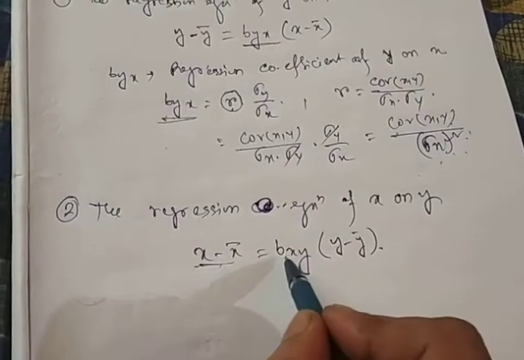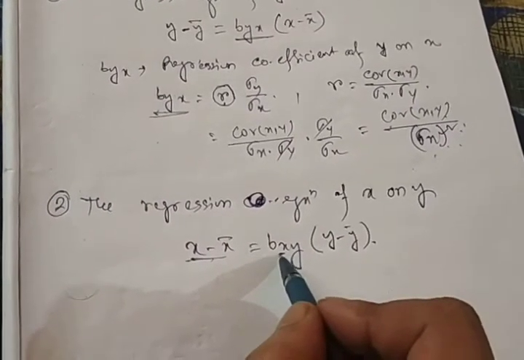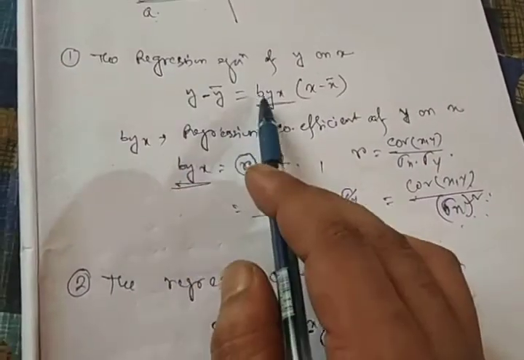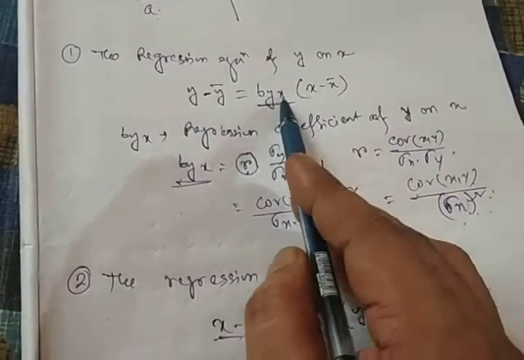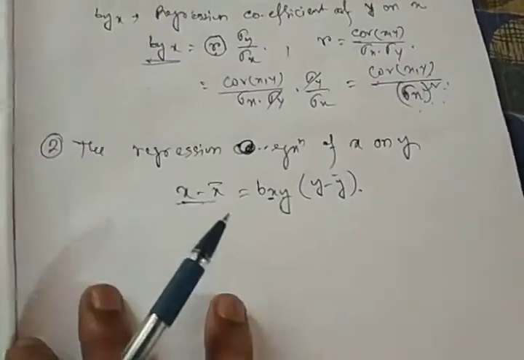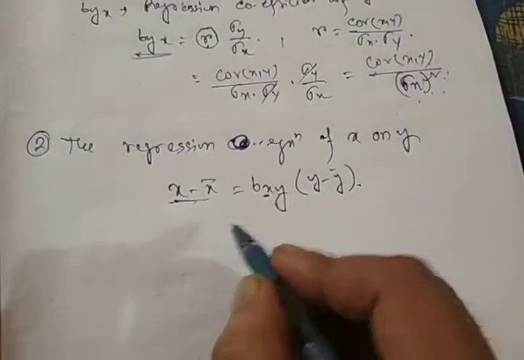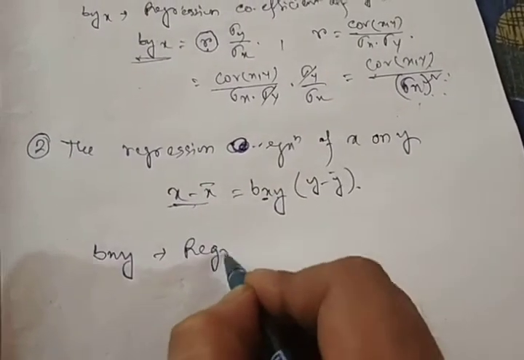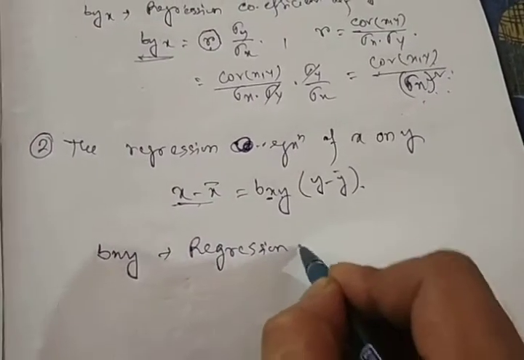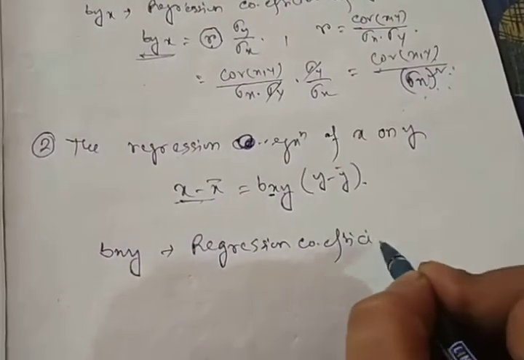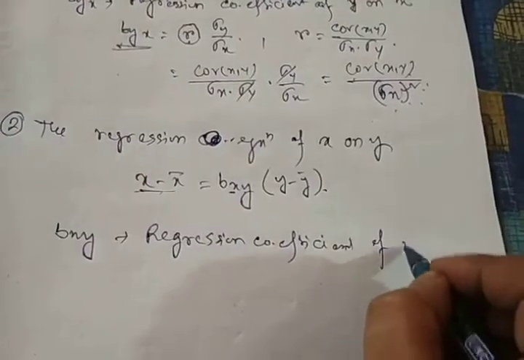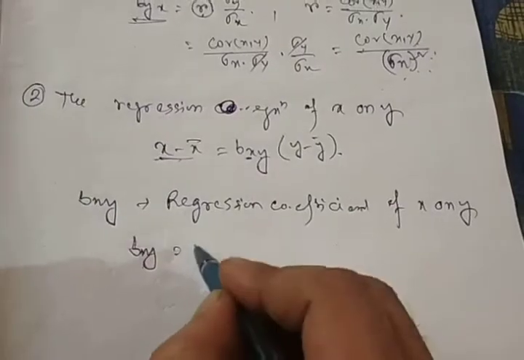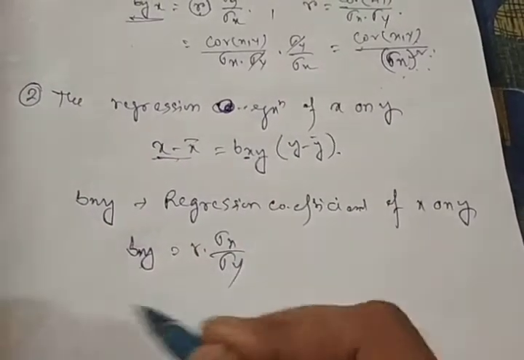When x is given, x will be the first variable and y will be the second variable, and for y on x, y will be the first variable and x will be the second variable. Here bxy is known as the regression coefficient of x on y, and is defined as bxy equals r into sigma x by sigma y.